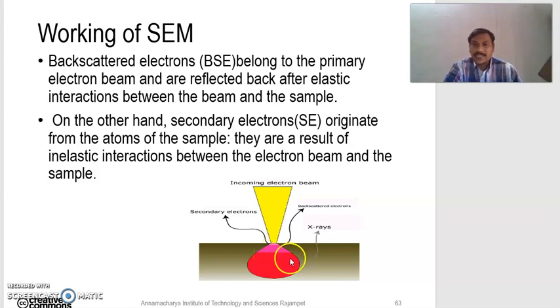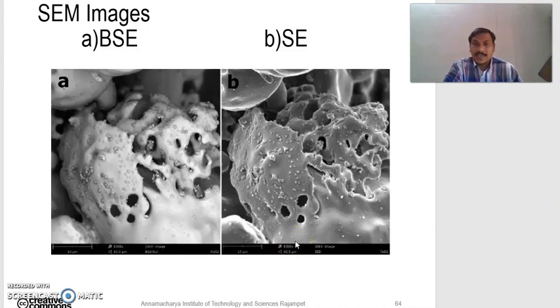Then the energy is emitted in the form of X-rays. This X-ray beam is used for elemental analysis, whereas the backscattered electron image and the secondary electron image are used for morphology study of the material.